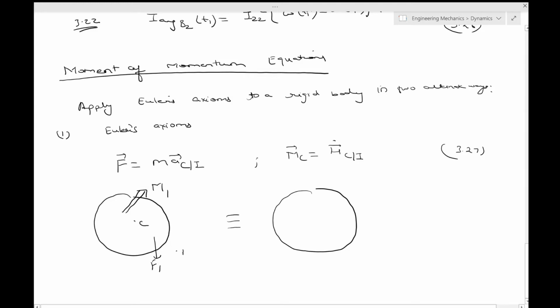This point is B, this is F3, this is F2. Say this is the external force system.